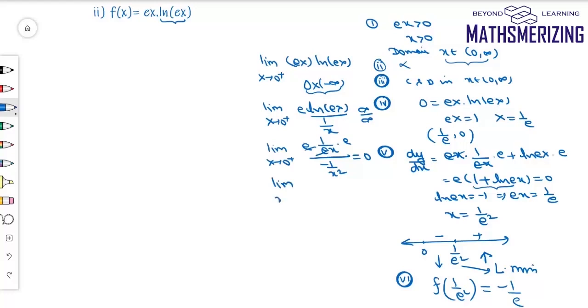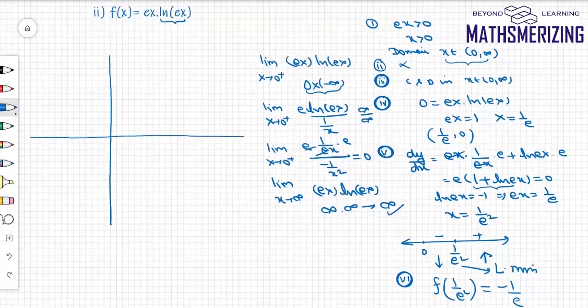I'll also find limit at x equals infinite, which is x into ln x. Now when x tends to infinite, it is infinite, and log infinite is also infinite. So infinite into infinite is infinite, which is not an indeterminate form. That means the limiting value of this function when x tends to infinite is infinite itself.